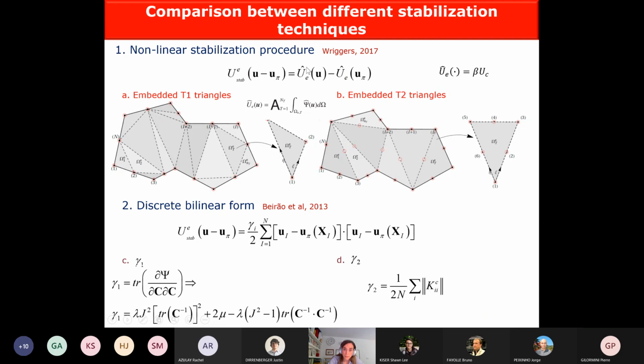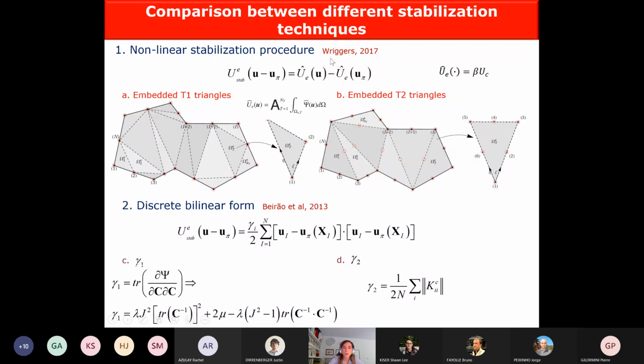U hat is a modified strain energy, that is related to the one of the consistency term by a stabilization parameter beta that can be optimized.